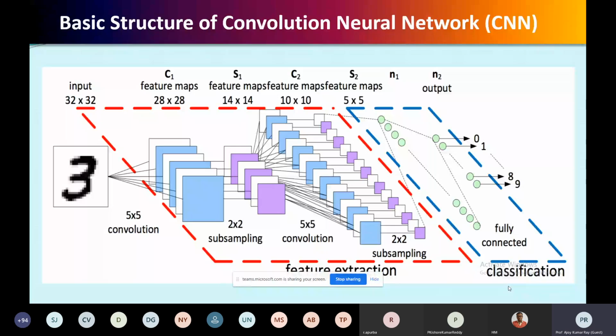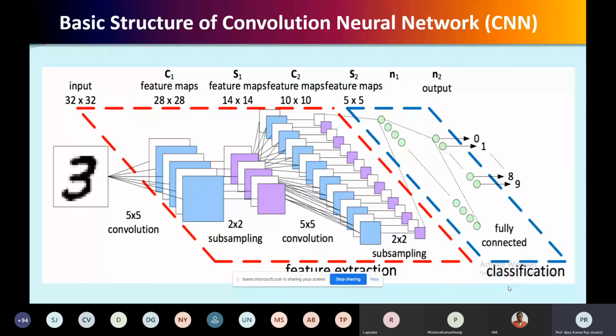Similarly, again you do the same operation of convolution, a 5 by 5 convolution. The original image was 32 by 32, and you take a 5 by 5 kernel and do the convolution. You know what is meant by convolution: multiplication and addition. Similarly, after the S1 layer, you do the convolution, and then you get another feature map. Then you do again the subsampling.